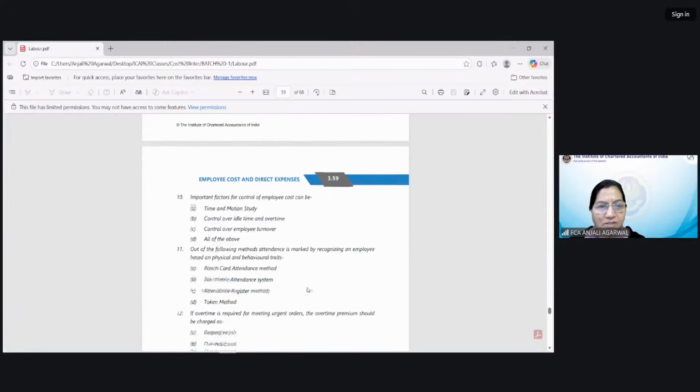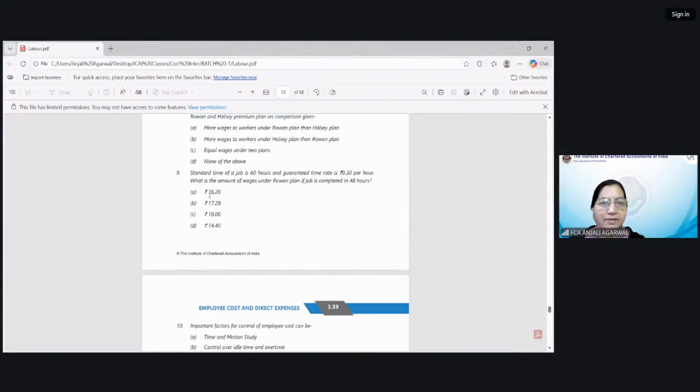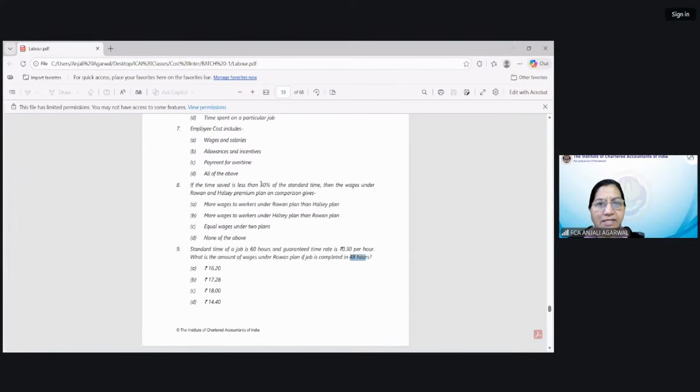So solve this question. Ninth, 60 hours is the standard time, 48 hours is the actual time. So time saved is 12 hours, and 12 hours is less than 50% of standard time. 50% of standard time would be 30, and we have saved only 12 hours. 12 hours is less than 30.